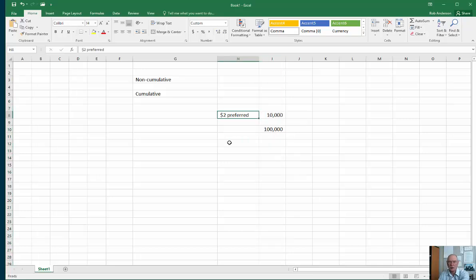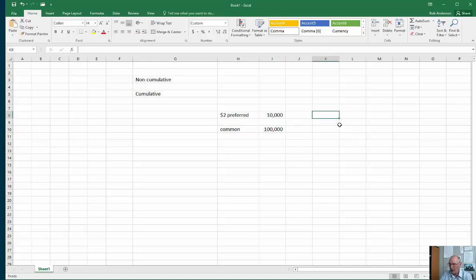When you see the dollar sign in front of preferred, it means that the dividend on this share is $2. Okay? And then, of course, common shares do not have a specified dividend. So we just have 10,000 $2 preferred shares, and we have 100,000 common shares.